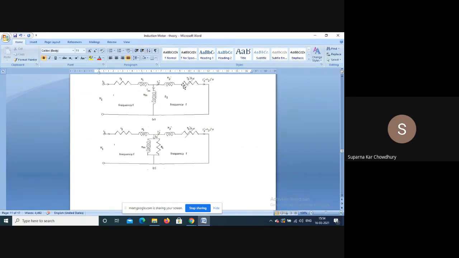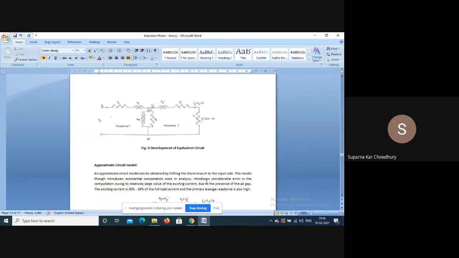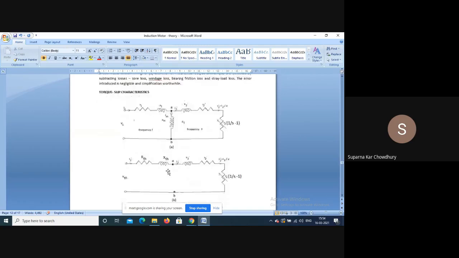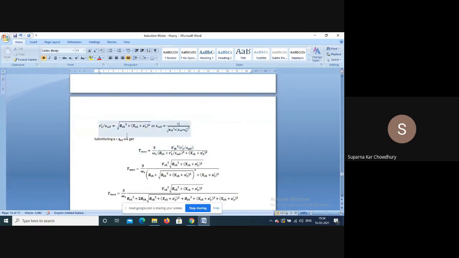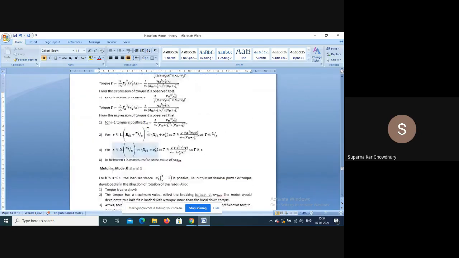The power dissipated across this resistance will be maximum, according to the maximum power transfer theorem, when this resistance becomes equal to the resistance of the internal circuit. Internal circuit means we will consider this Thevenin equivalent. So from the Thevenin equivalent, this will happen for a particular slip, say SMT. So R2 dash by SMT is equal to the internal resistance of the circuit.